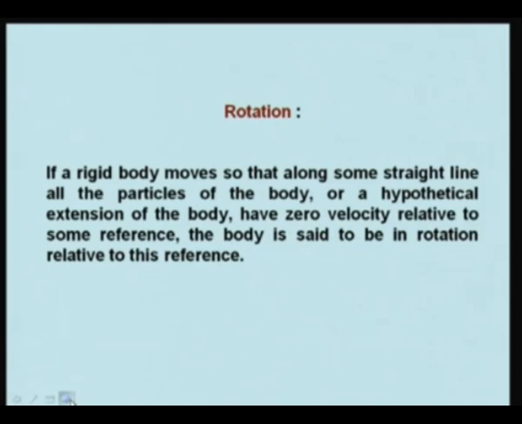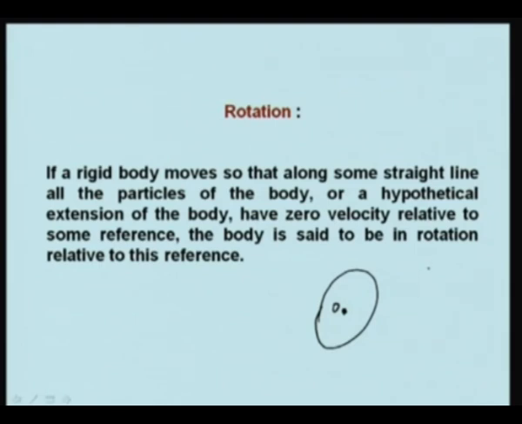So, if a rigid body is moving, now if it is rotating about this point O and you draw a perpendicular to the plane passing through O, then on that axis all the particles have zero velocity. Therefore, the body is rotating about this point O.